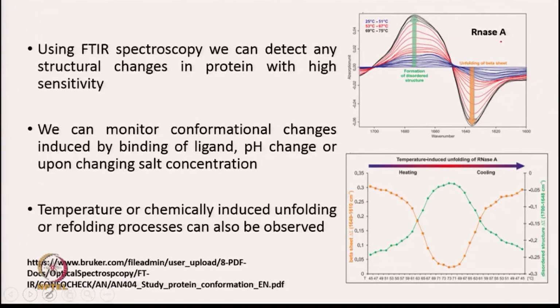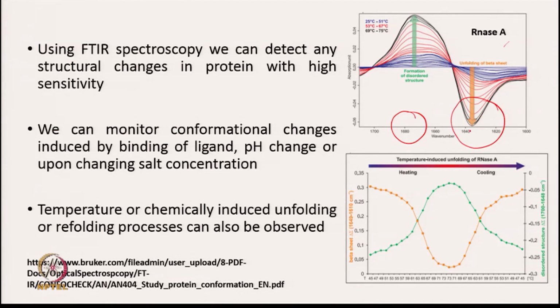This is an example of ribonuclease A protein, and what you are looking at is what happens to the conformation of your protein with change in temperature, what is happening at the secondary structure level. Now you can see here that this peak, which is around 1680 centimeter inverse, is decreasing, this peak is decreasing, this peak is decreasing.